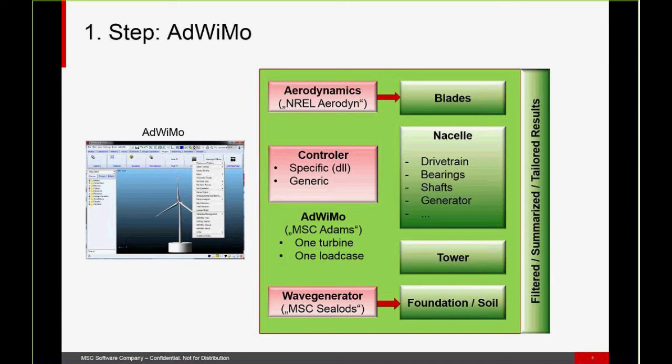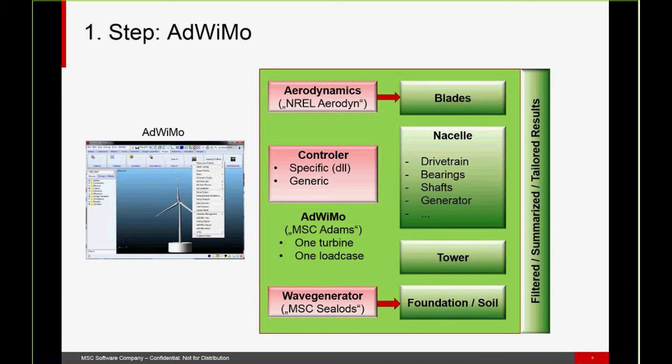For the controller, either we can implement the specific controller coming from your supplier or create it in house, or a user, if he hasn't a chance to get a specific controller, can use a generic controller which is delivered with AdWiMo to play a little bit around with.